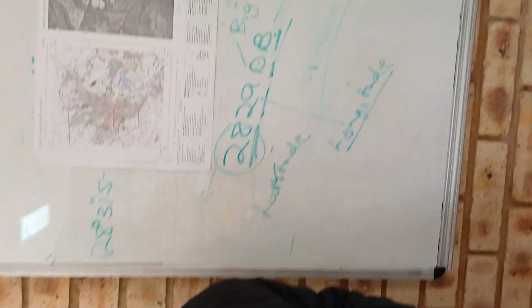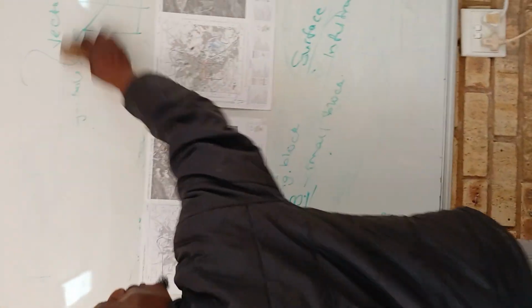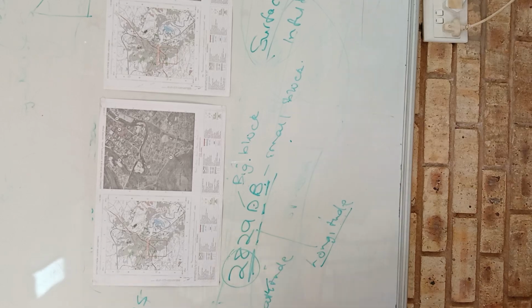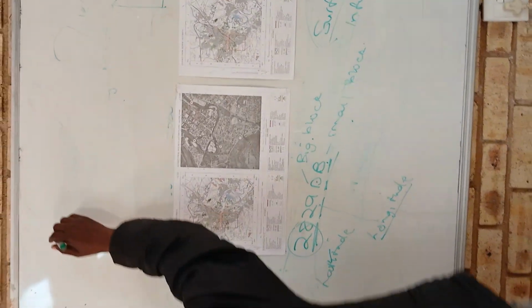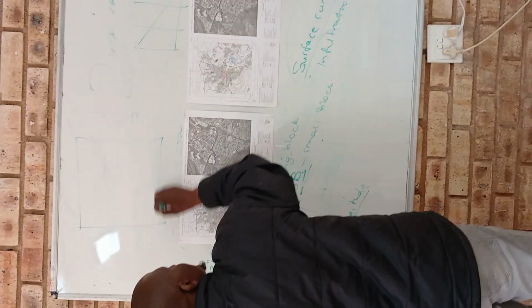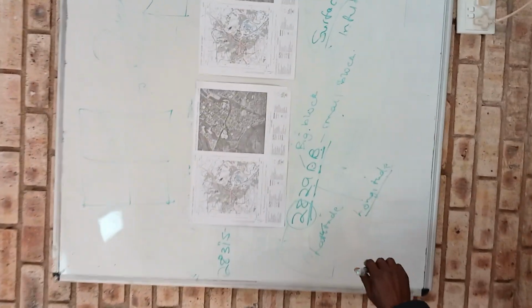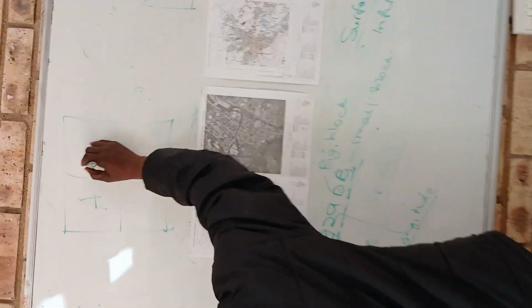How did we come to that? I'm going to demonstrate. Whenever maps are done, they divide the block or grid into 4 blocks.